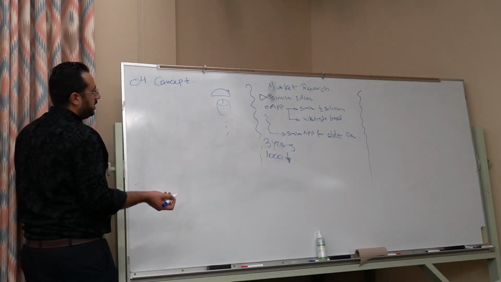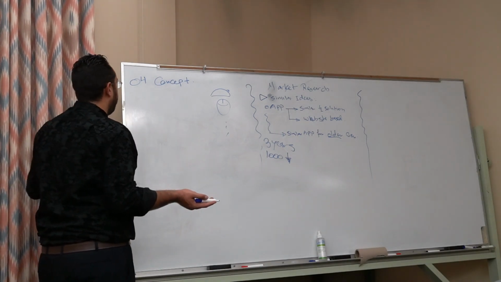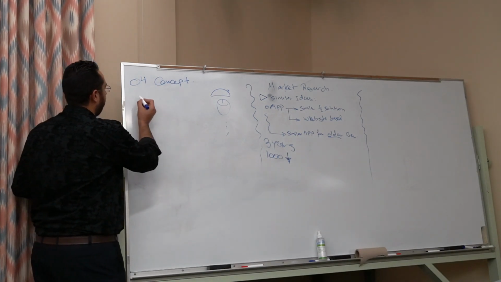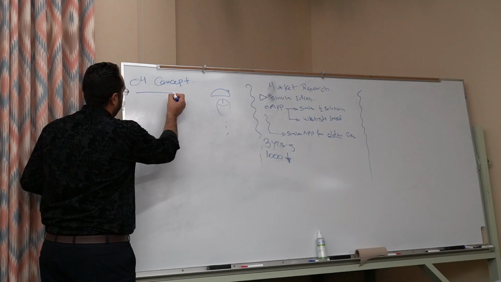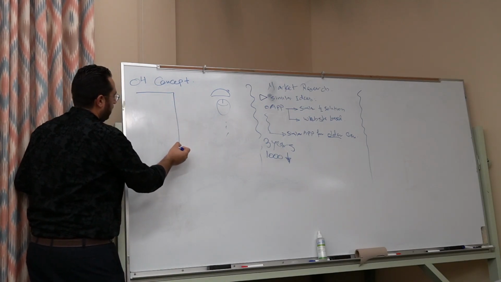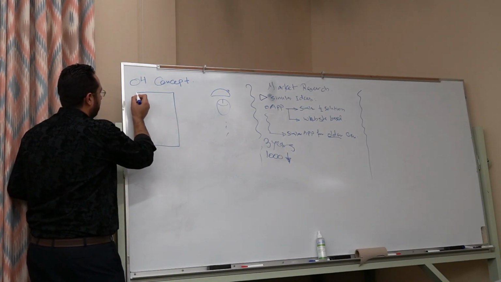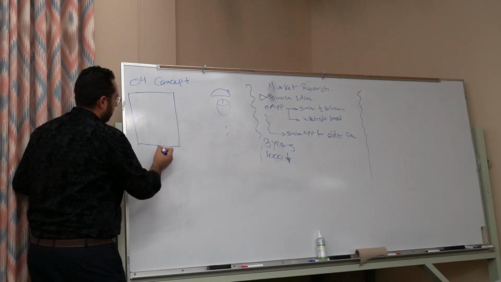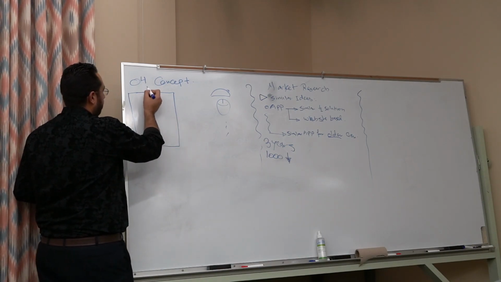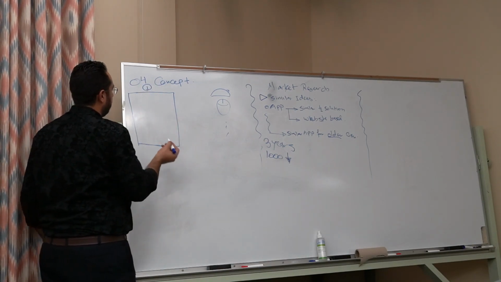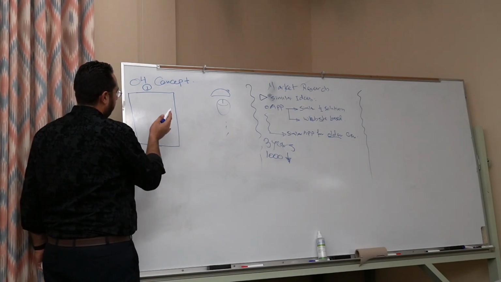Now in our case, it's not hardware, it's an app. The app will be running on a phone screen, right? So we start by creating the concept for our phone screens. Now the first screen in our concept would be, so this is your phone.